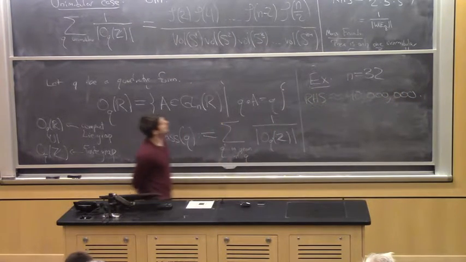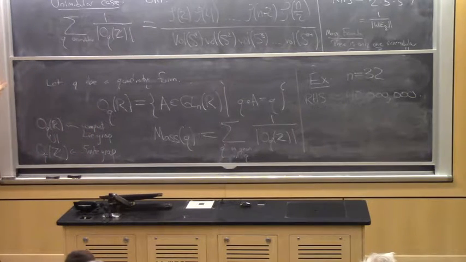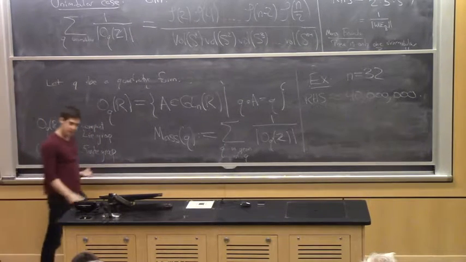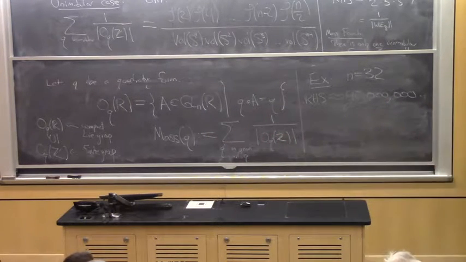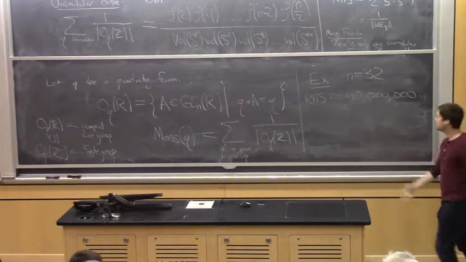So the mass formula is telling you the right-hand side is equal to the left-hand side, which is a sum of quantities, each of which is less than 1. And if you want to get to 40 million by adding quantities that are less than 1, you have to use a lot of terms.